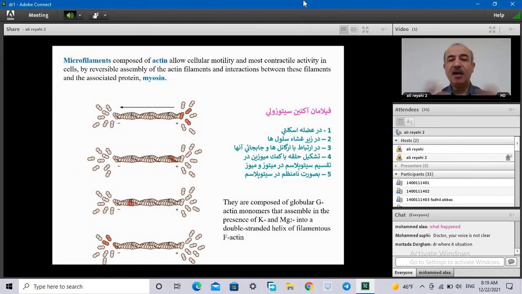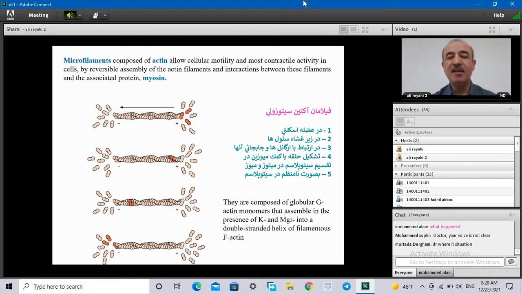The other component in the cytoskeleton is the microfilament. The microfilament is composed of actin protein. Actin allows cellular motility and most contractile activity in the cell, by reversible assembly of actin filaments and interaction between these filaments and the associated protein myosin.